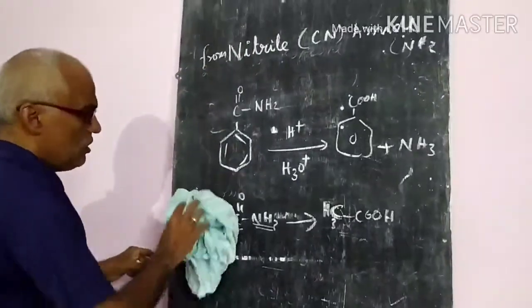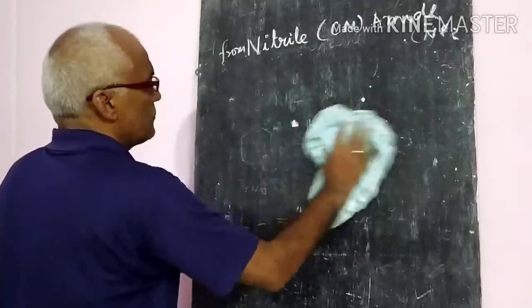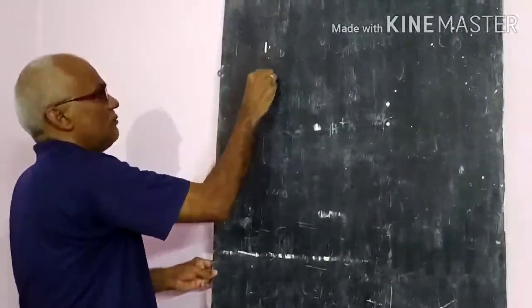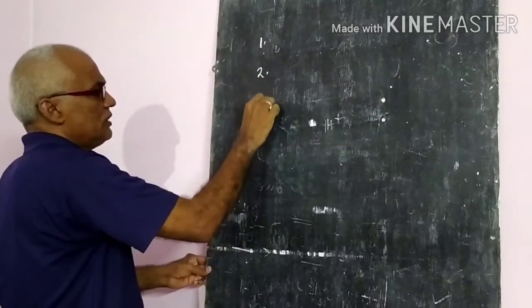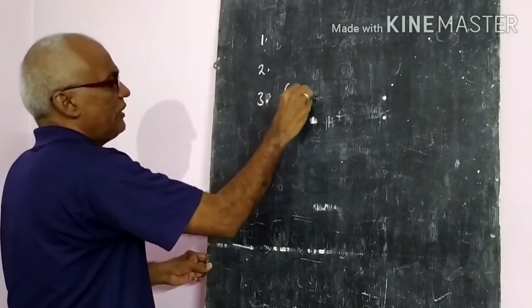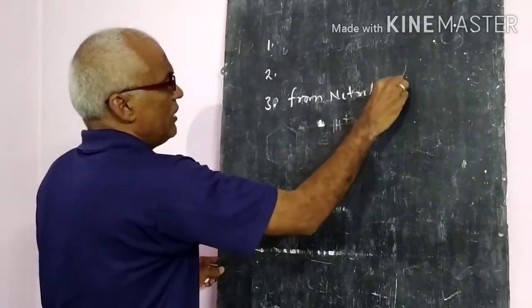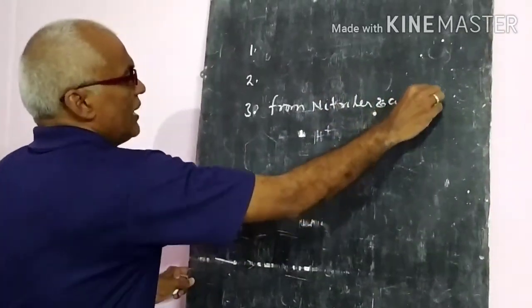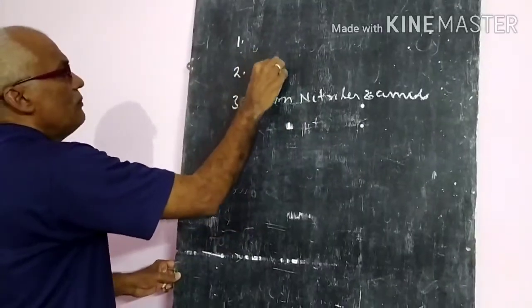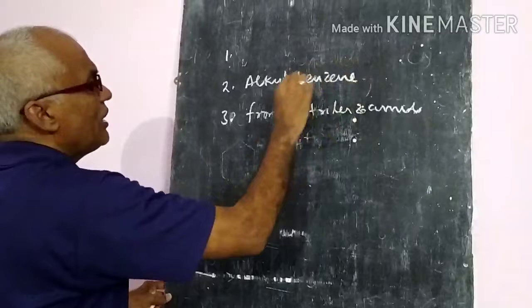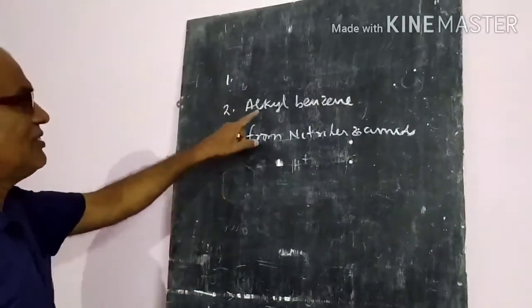So till now we have learned three methods. What is the first method, what is the second, and what is the third? The third is from nitriles and amides. The second is from alkyl benzene compounds, so we can prepare aromatic carboxylic acids.